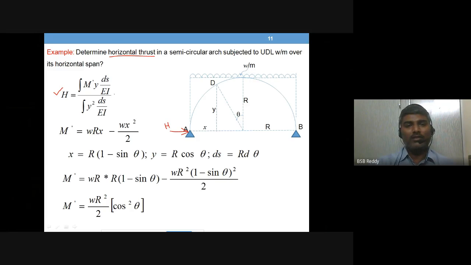This is the basic formula derived from the condition of the theorem of least work.